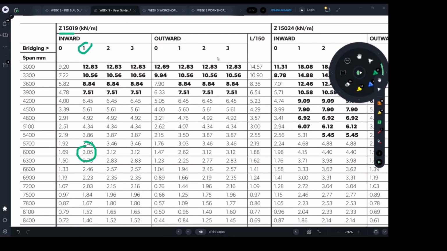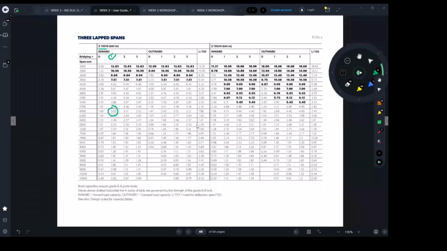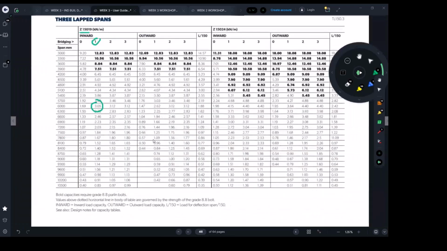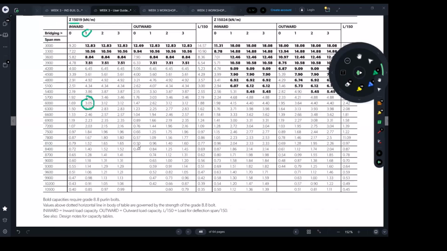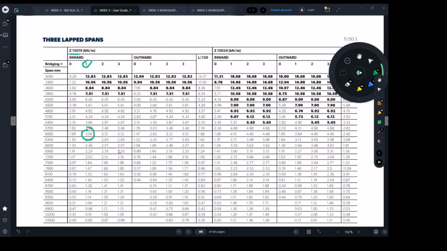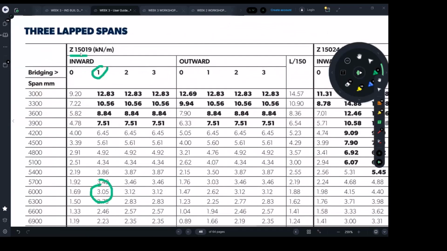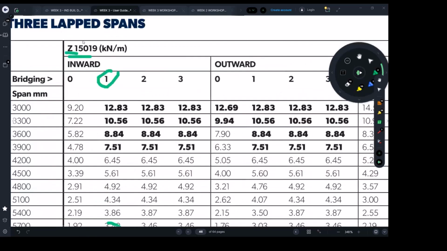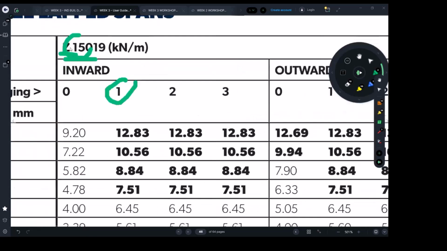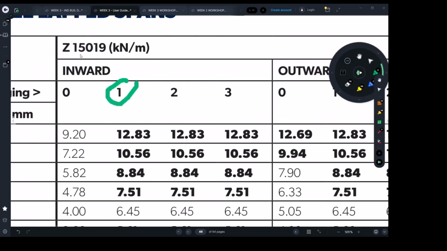Okay, so this document is available in your LMS as a reading material, and this table can help you make a decision on the most efficient section we can use. I can see Z section 150 deep. The first letter here is the shape.